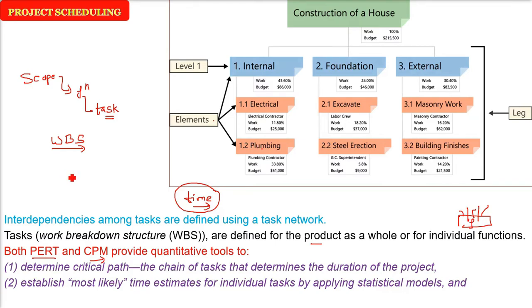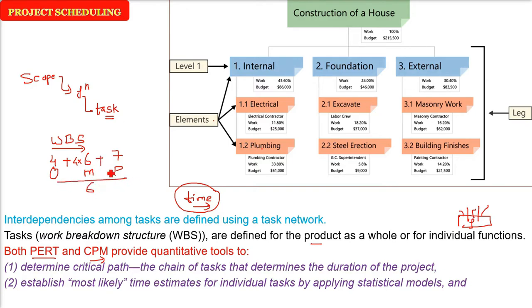For example, I'll just give you an example. We have already seen that we try to find out the optimistic value, then the pessimistic value, and then the most likely value, and we use this statistical model. For example, somebody says 4 days it will complete, pessimistic says 7 days, and most likely is 6 days. So we add them, giving a weight of 4 to the middle one, and then divide by 6.